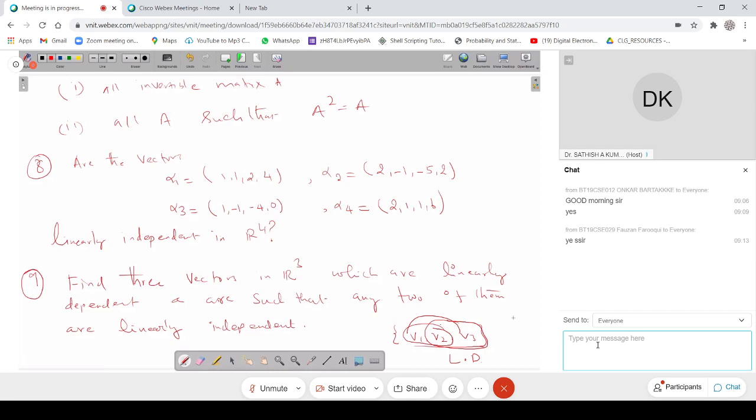We want something like this. There are three vectors which are linearly dependent, but you need to find them in such a way that any two of them are linearly independent vectors. That you have to find out from examples.